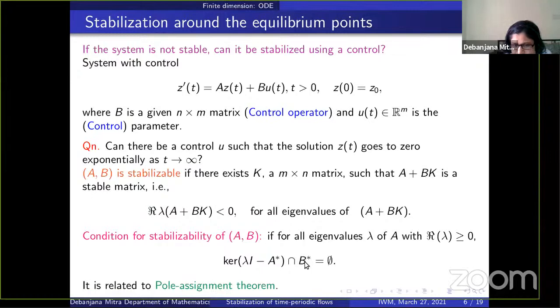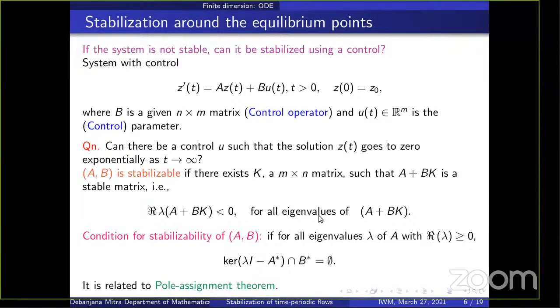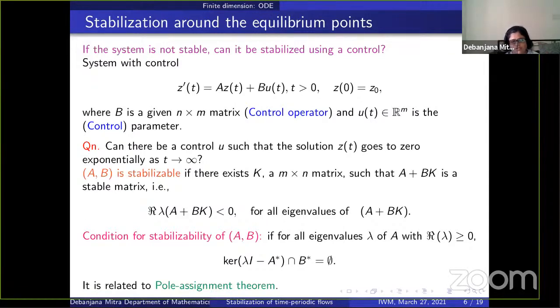That's the confusion. So what is meant is that kernel of lambda I minus A star intersection kernel of B star is equal to 0. So there is no common kernel. So is it a necessary and sufficient condition? Yes, if and only if. So there was a typo.